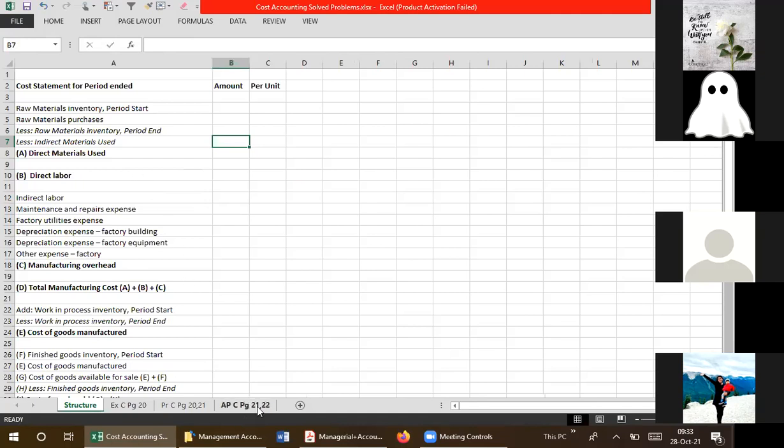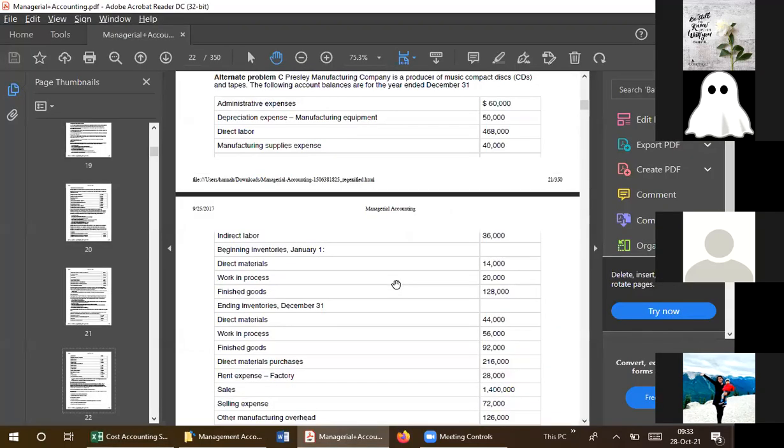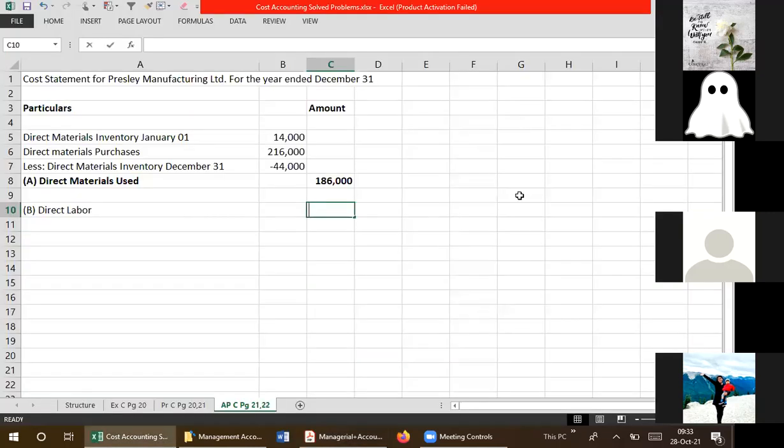Then number B, direct labor. Direct labor is over here on the top, 468,000.